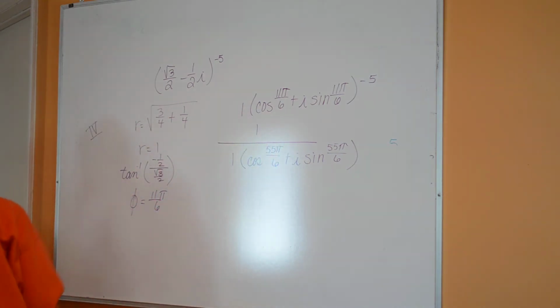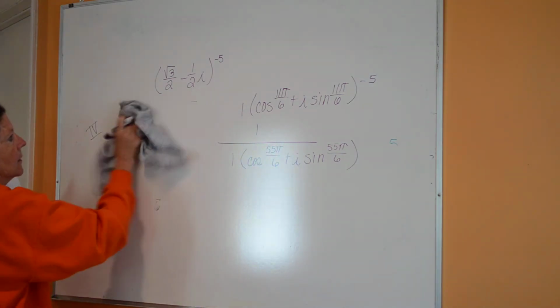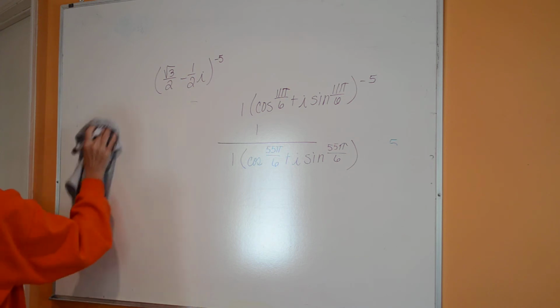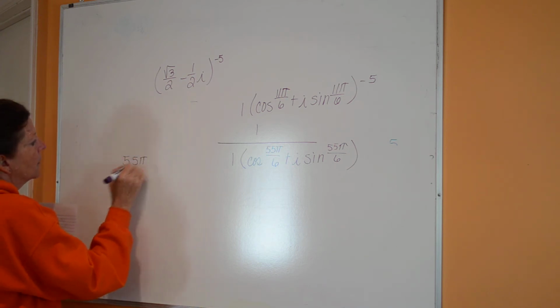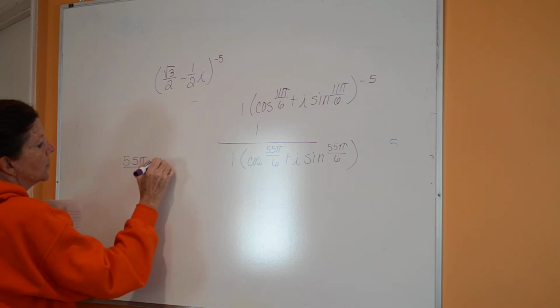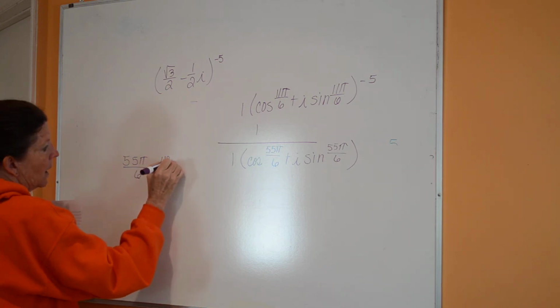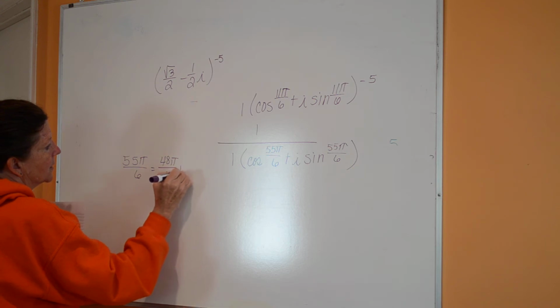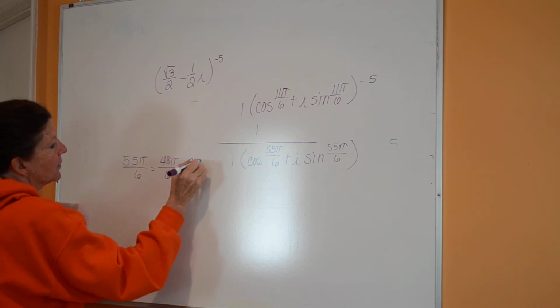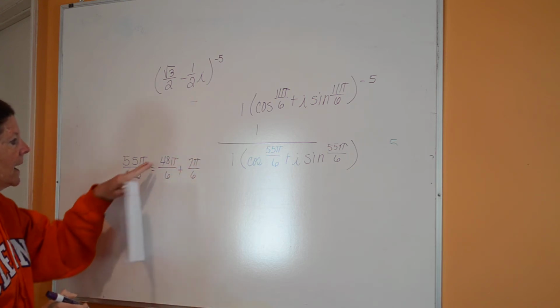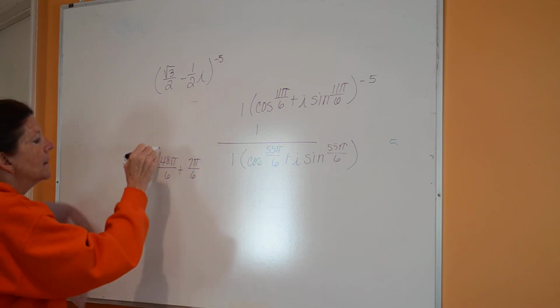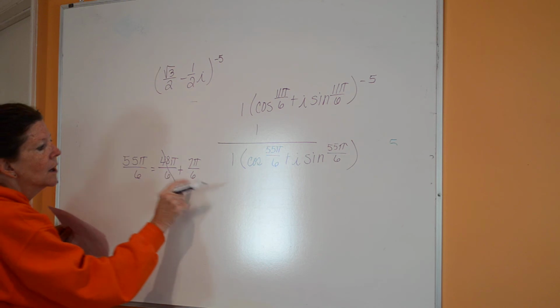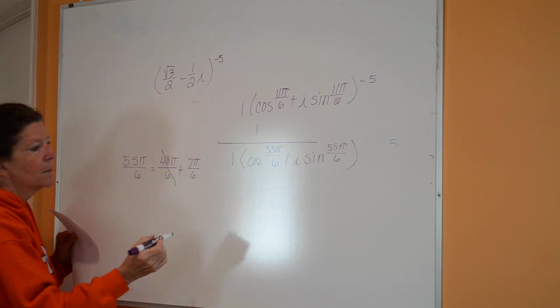Use some space here. 55π/6 is equal to 48π/6 plus 7π/6. Now, 48π/6 is the same as 8π, so that's 4 times around the circle. I'm not worried about that. What I'm worried about is the 7π/6.